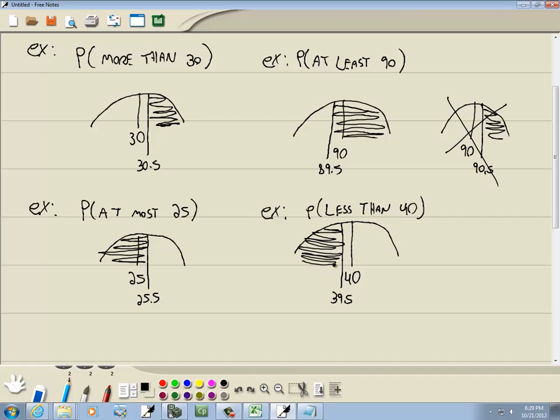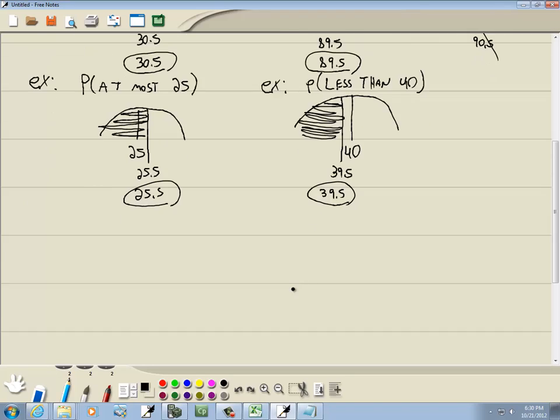So when we're plugging these into Excel, the values we're going to work with will be 30.5 here, 89.5, 25.5 and 39.5.